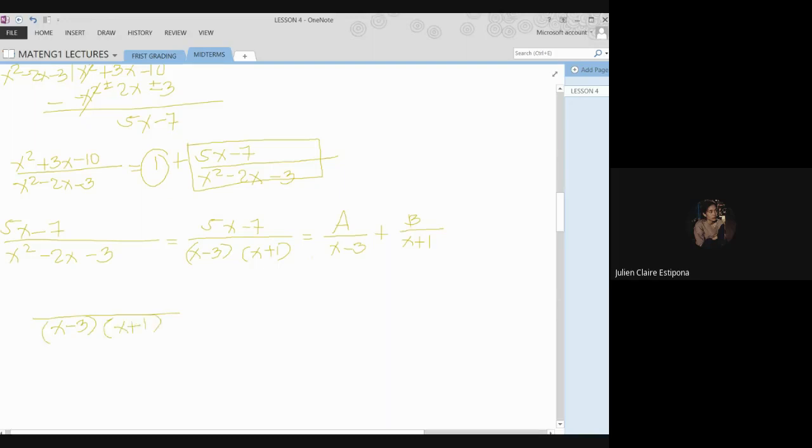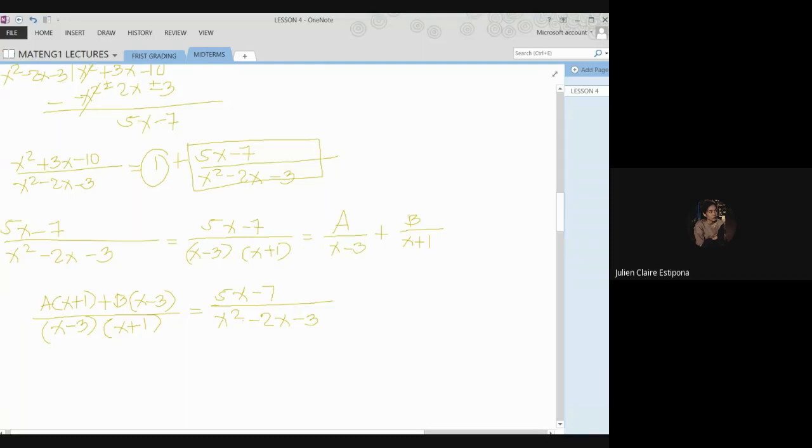Okay, to get that one, what remains there is A multiplied by x plus 1 plus B multiplied by what remains here, since the denominator is x plus 1, that is x minus 3 already. And then that is equal to the expression which is 5x minus 7 all over x squared minus 2x minus 3.